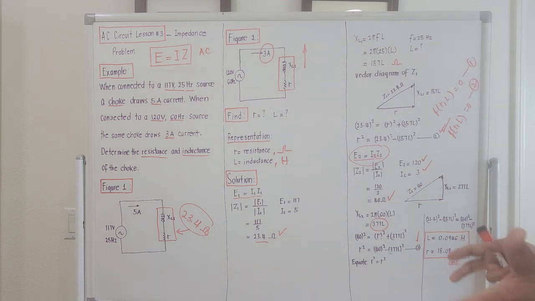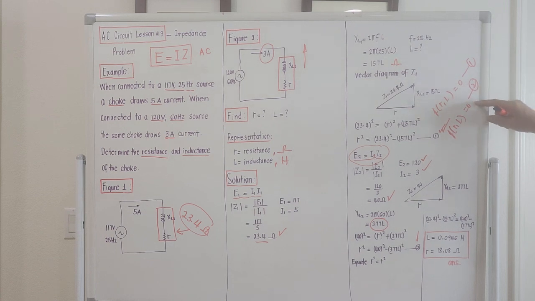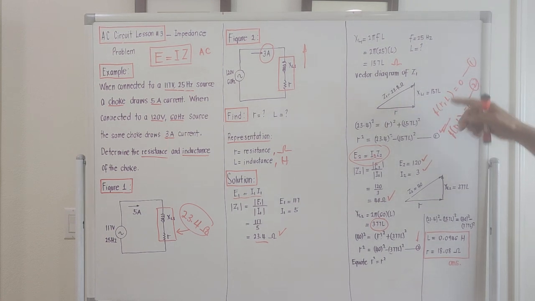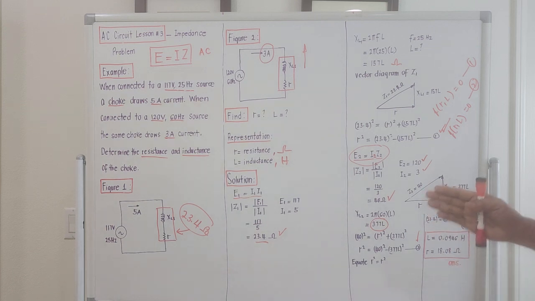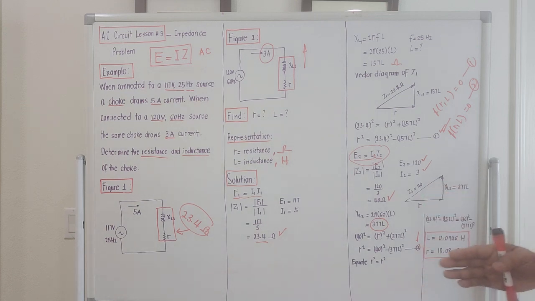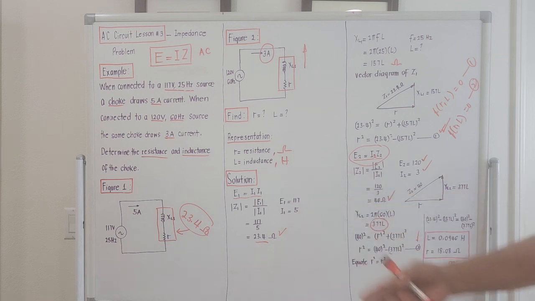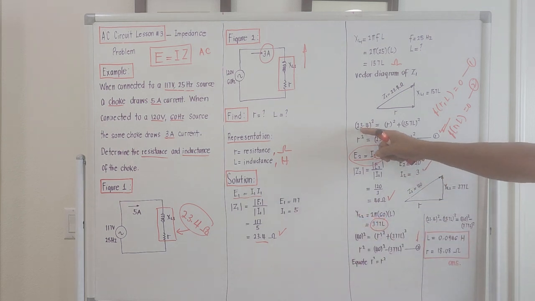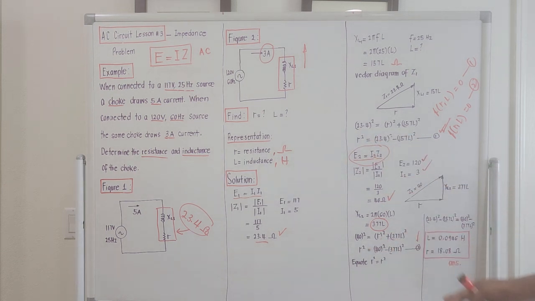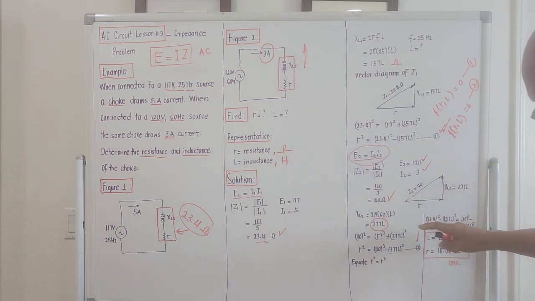So we are now given equation number 1 and number 2 that involve R and L. This falls under linear equations involving two variables, and the solution is part of college algebra, by substitution or elimination. But this is R squared and R squared, so we equate R squared from equation number 1 to R squared from equation number 2.